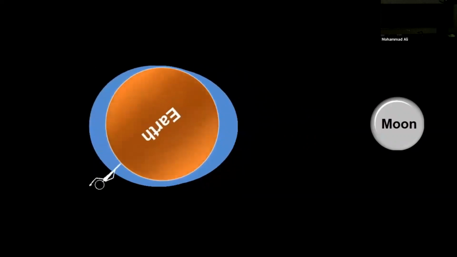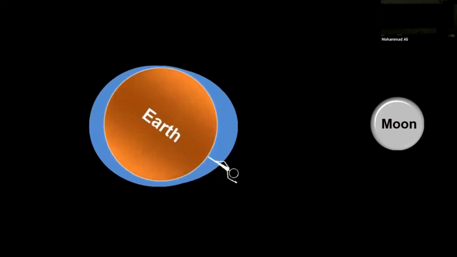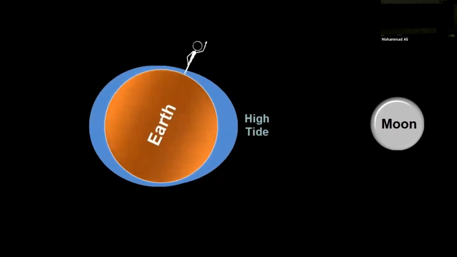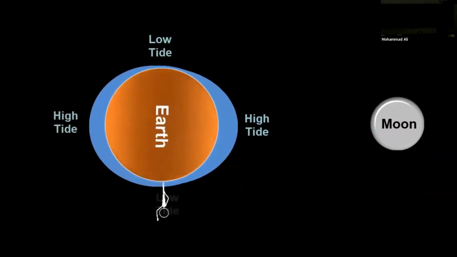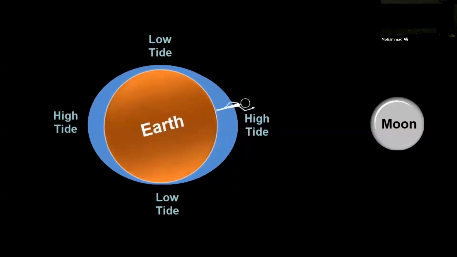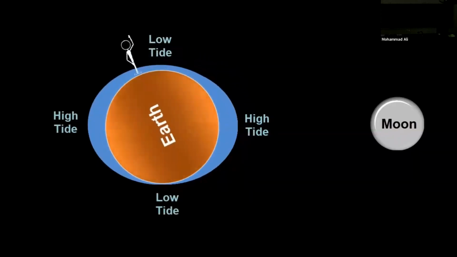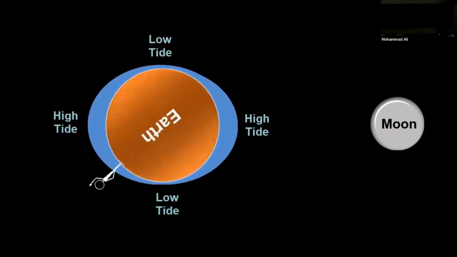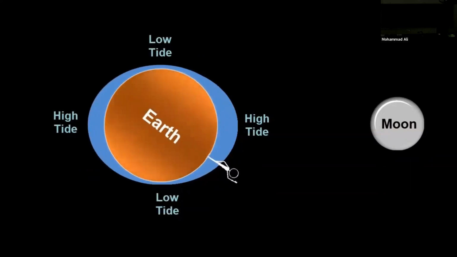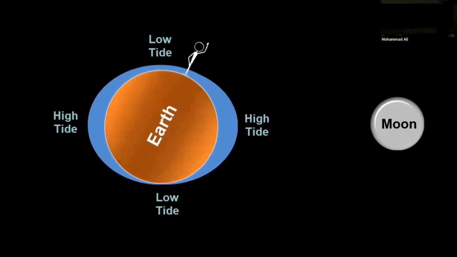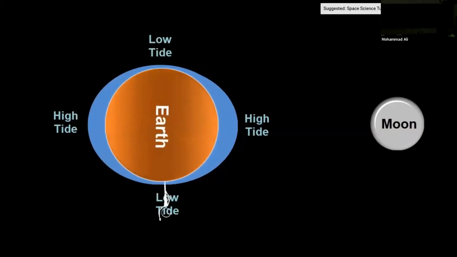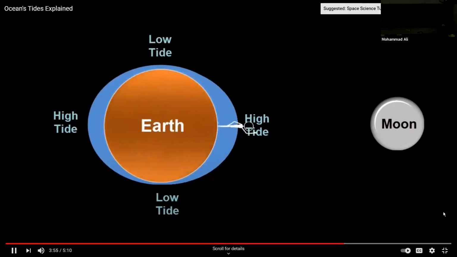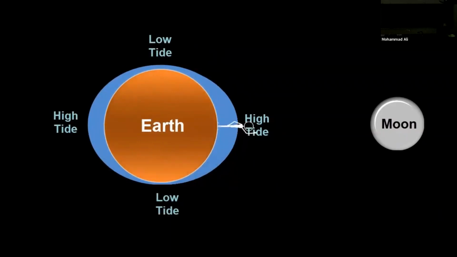Now we can see why, when the Earth rotates through 24 hours, it goes through 2 high tides and 2 low tides. But there's another surprise.